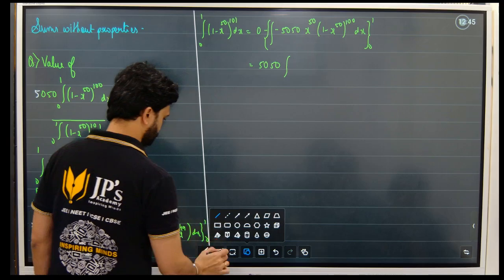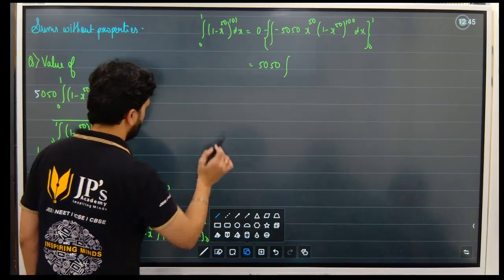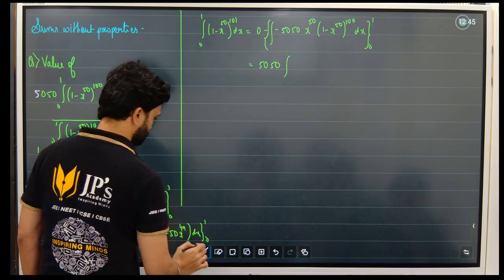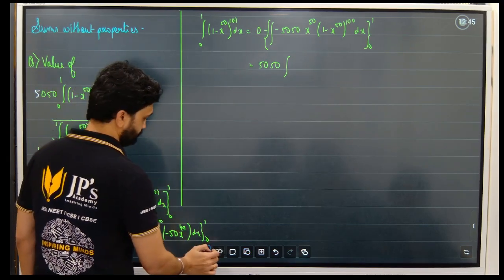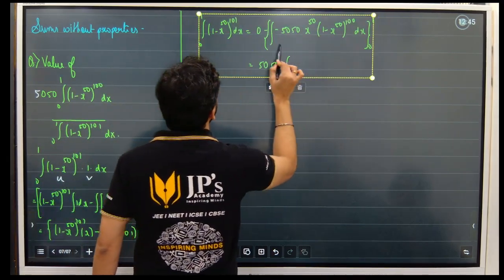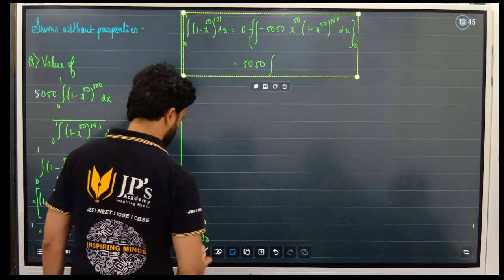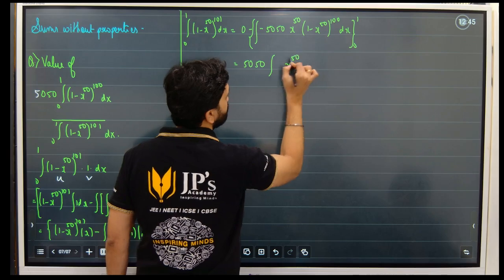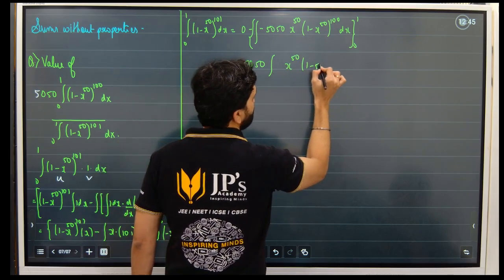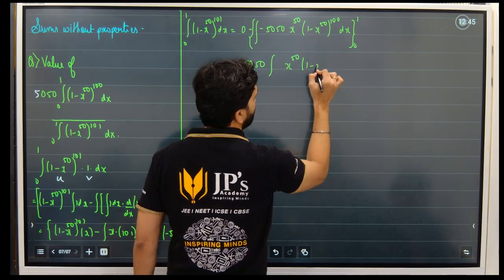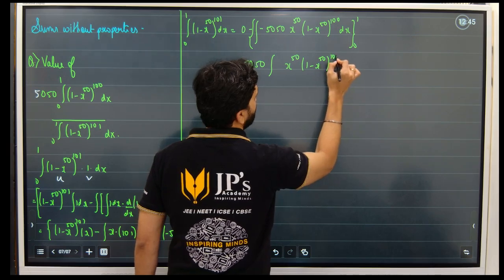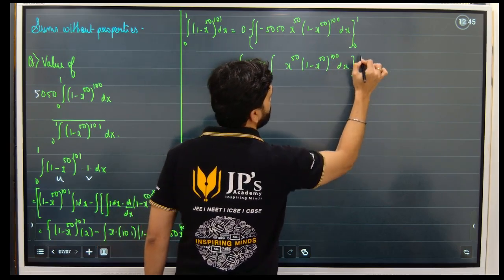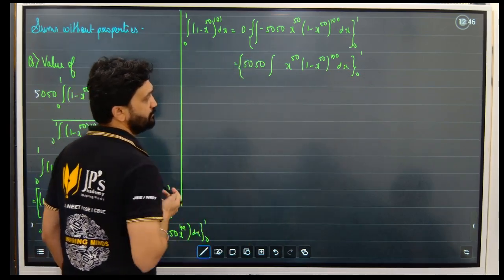Okay, so 5050, if I'm solving this sum, what I have to be very careful about is: inside, minus minus became plus. Inside I have x raised to 50 into (1 minus x raised to 50) raised to 100 dx from 0 to 1. Here there is 1 minus x raised to 50.